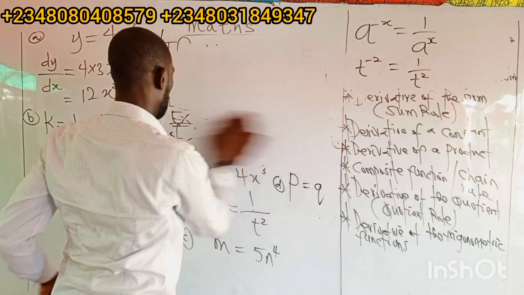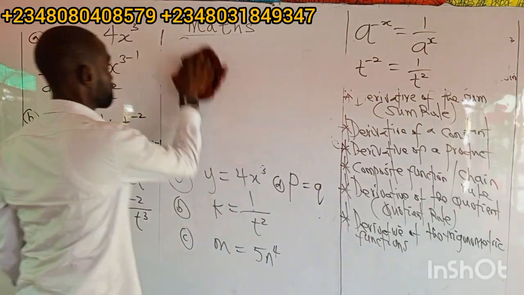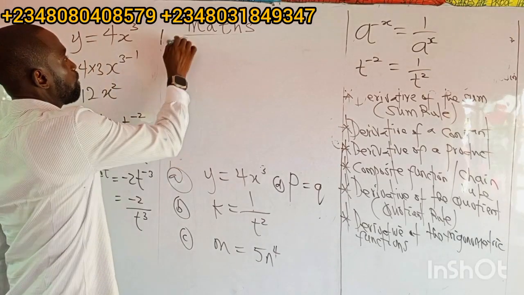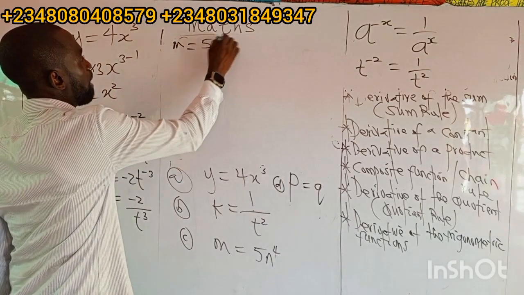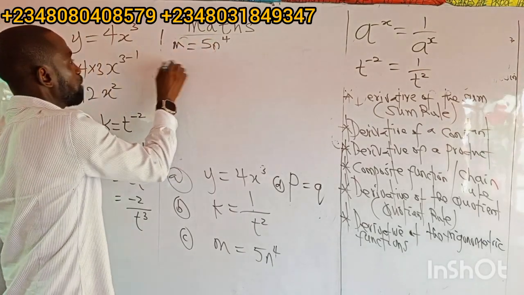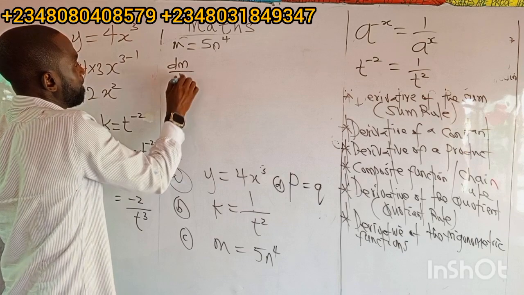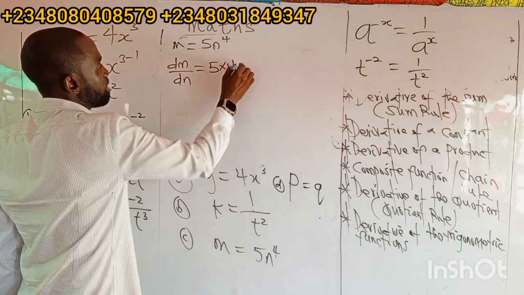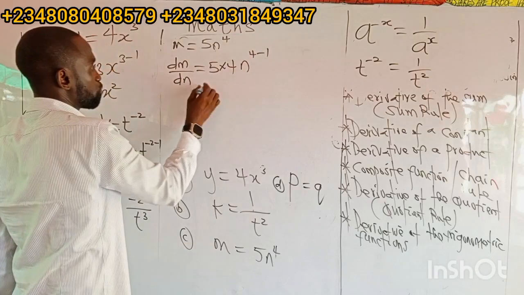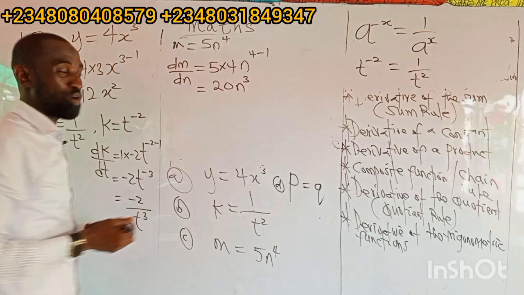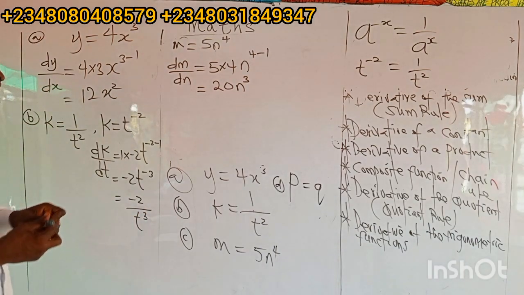So the third one, n equals 5 n raised to power 4. Here, n is a function of n. So we have dn/dn, which gives 5 times 4, then n to the power 4 minus 1. This will be 20 n to the power 3, from the general rule of differentiation.